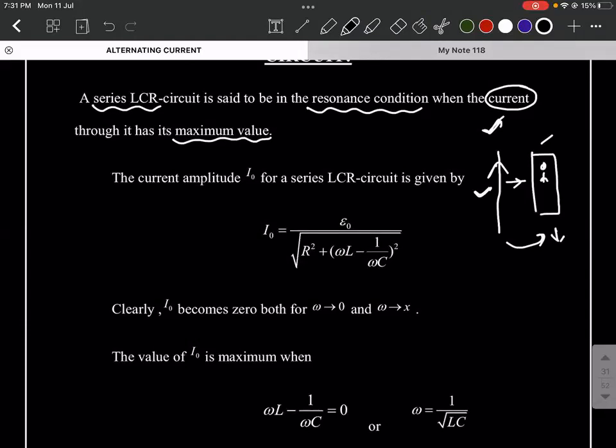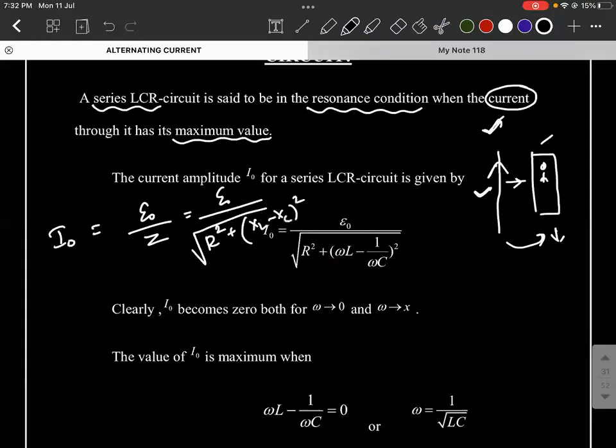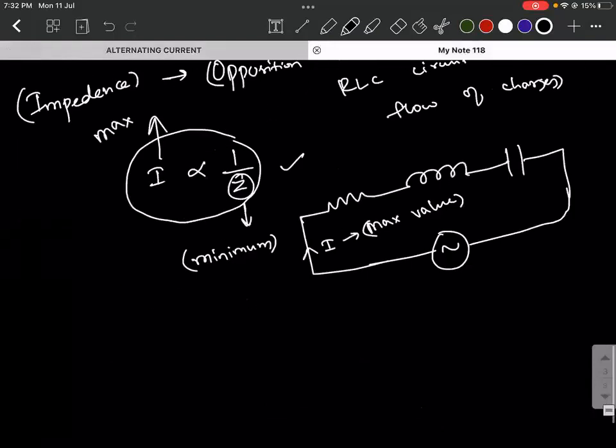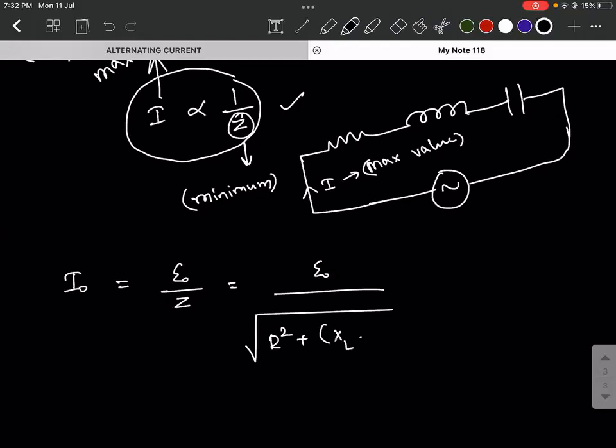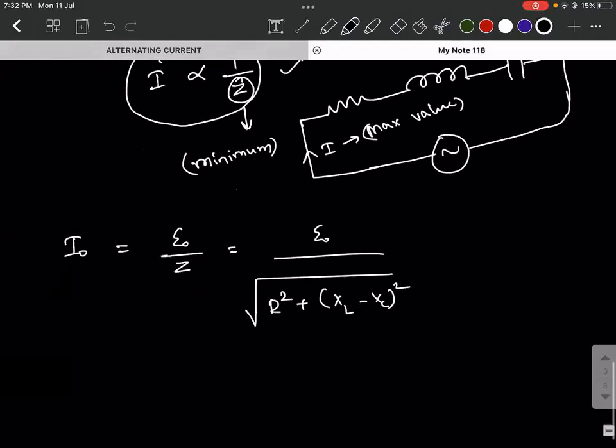So if I take I naught, then I naught is equal to E naught divided by Z. For a series RLC circuit, I naught is equal to E naught divided by Z, which is E naught divided by root of R square plus XL minus XC the whole square.